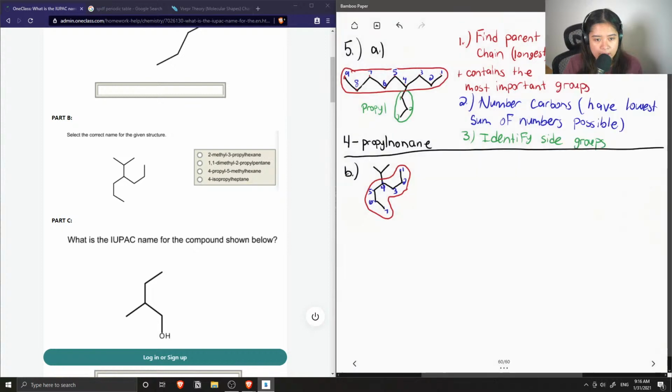And just to sum up all the prefixes, I'm going to write them on the side here. So when we have 1 carbon, we write the prefix meth.